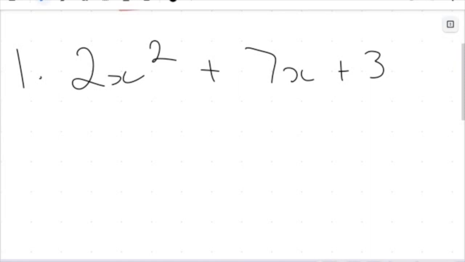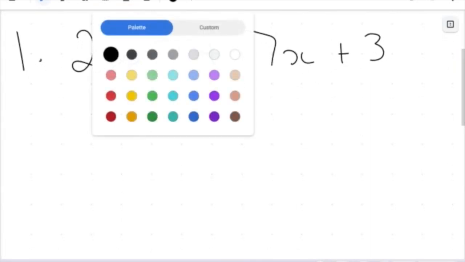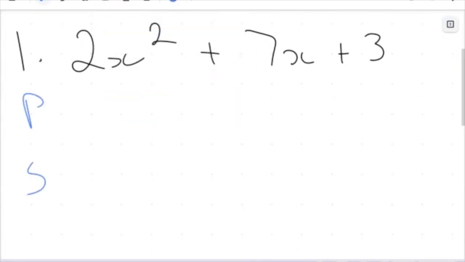Now if we consider something like this, we could try and go, okay, well, like PSF, let's see what happens there. My product is 3, my sum is 7. What are my factors?